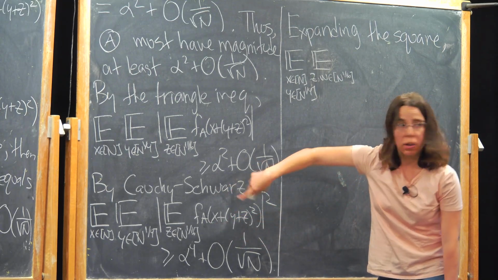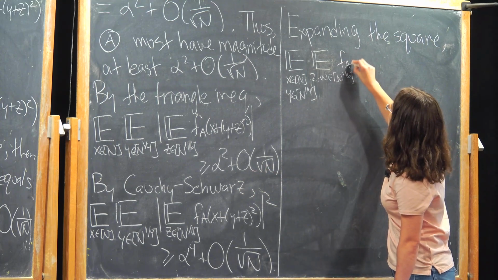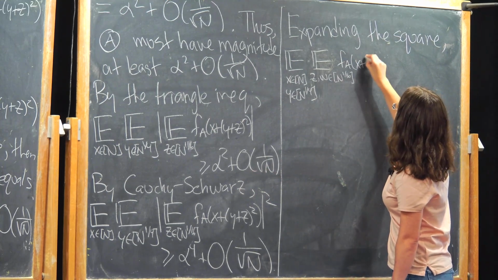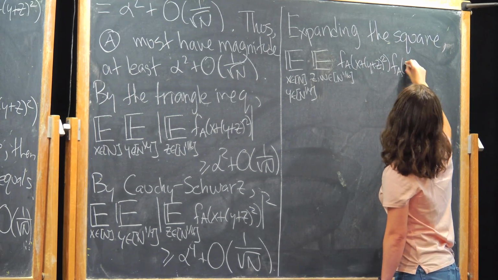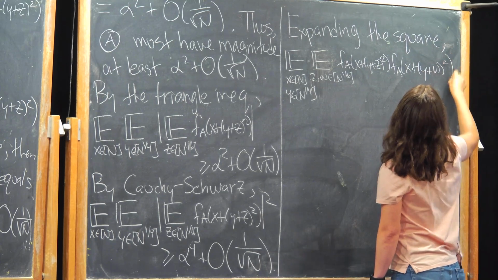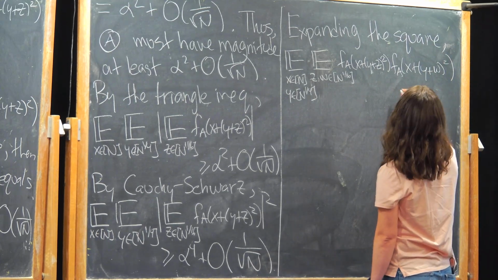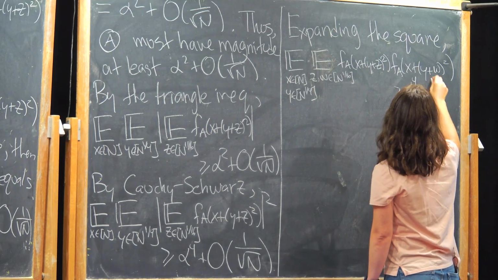So I don't need to put complex conjugates over anything. So then I get balance function of x plus y plus z squared, balanced function of x plus y plus w squared. All of this is at least alpha to the fourth plus the error term.